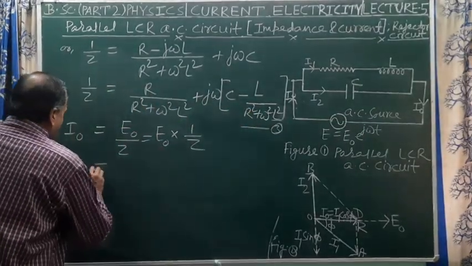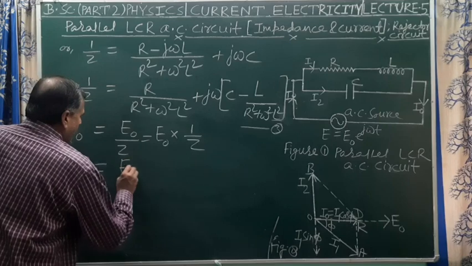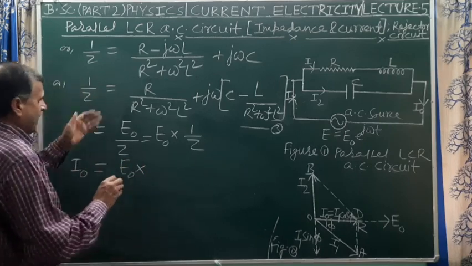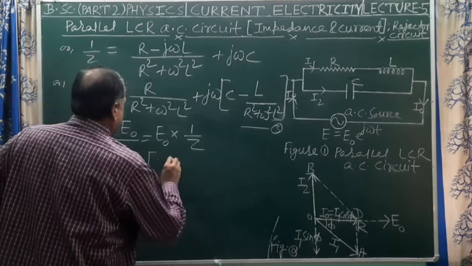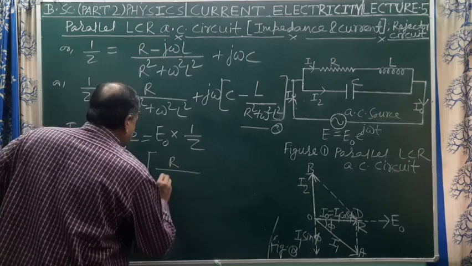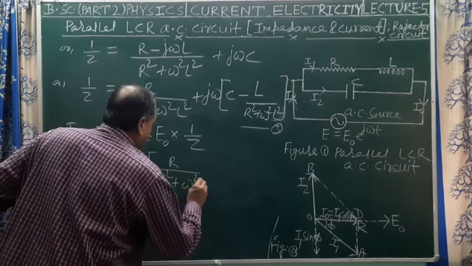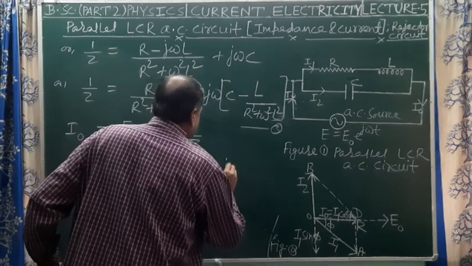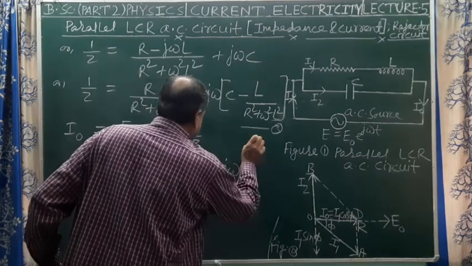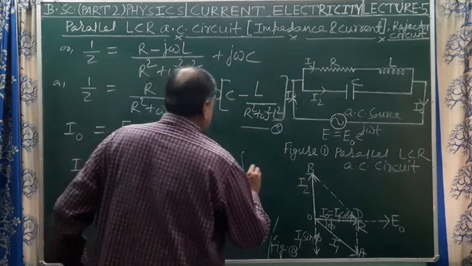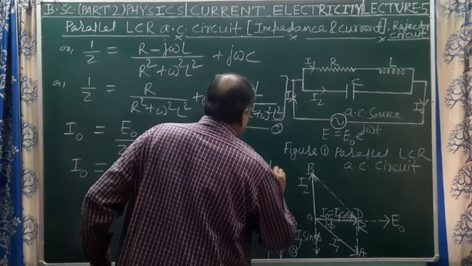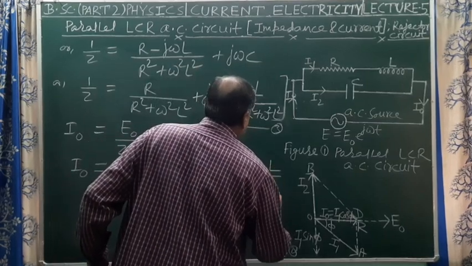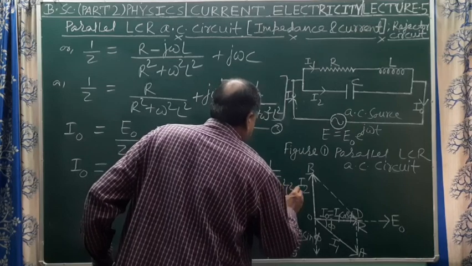So I naught equals E naught multiplied by this expression.